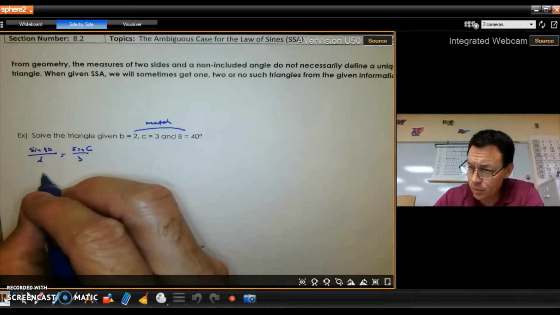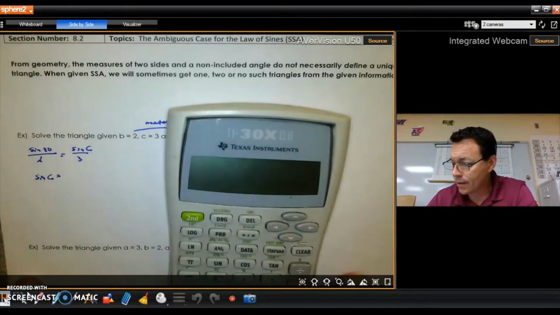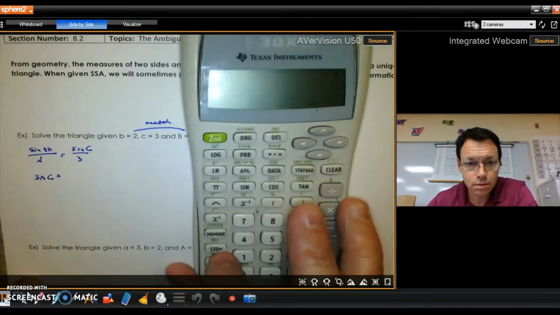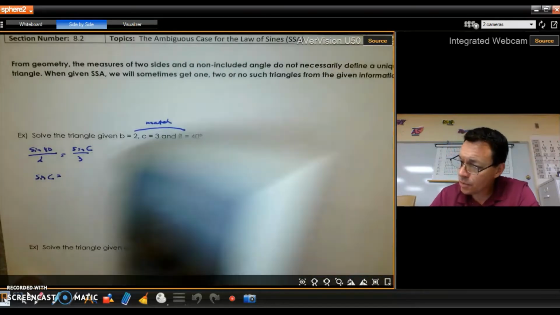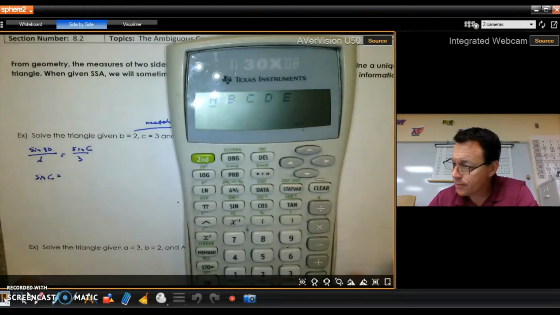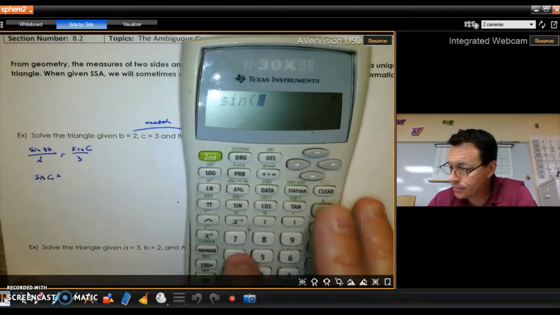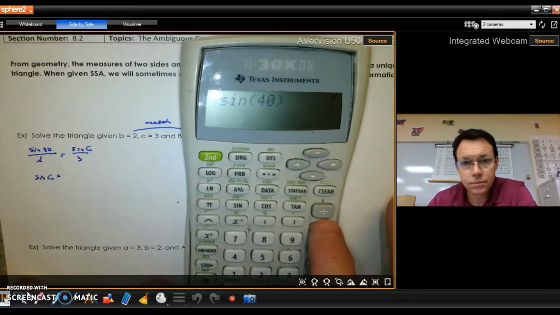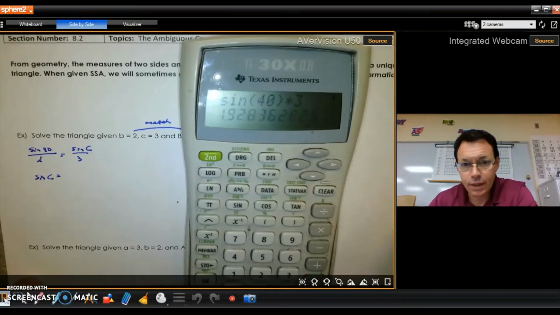And then I'm going to actually write, the sine of C equals, and then let's do this. Let's make sure my calculator's in the right mode. That would be bad. All right, so we're going to take the sine of 40 times 3, and then divided by 2.